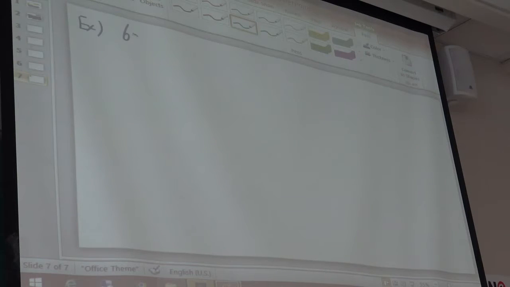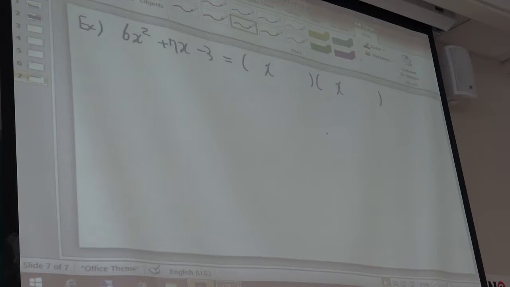Or, like 6x squared plus 7x minus 3, we want to do the factorization of this. So the way is, we know that we need two terms, right? And then obviously we need the x and x here on both sides.